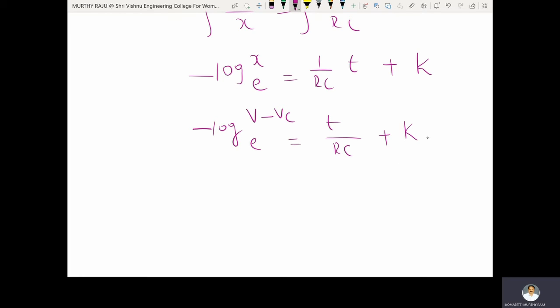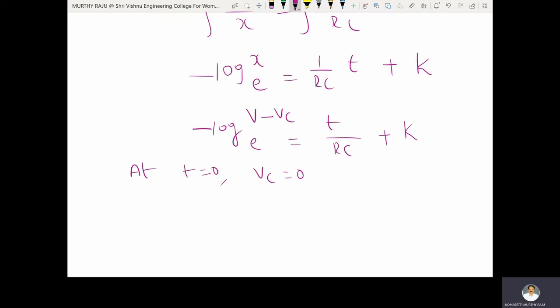This k value is determined from the initial conditions. Initial conditions means at t is equal to 0, Vc is equal to 0, as there is no charging voltage across the capacitor.